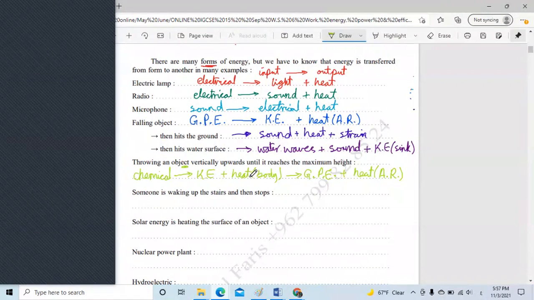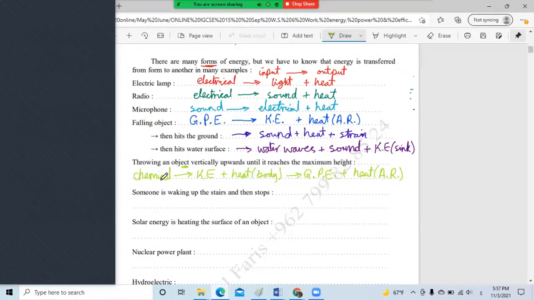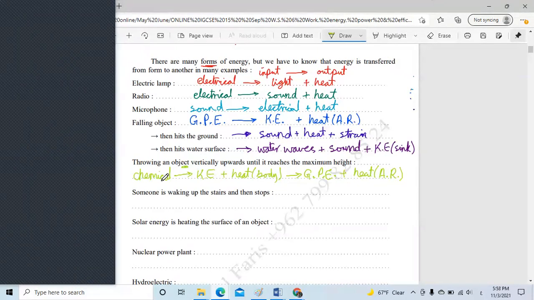Salma, what's your question? Why chemical? When you eat food, a chemical reaction happens when you burn this food to use it in your muscles, like petrol or gasoline. When they use it inside a car engine, they burn it and it produces heat energy.